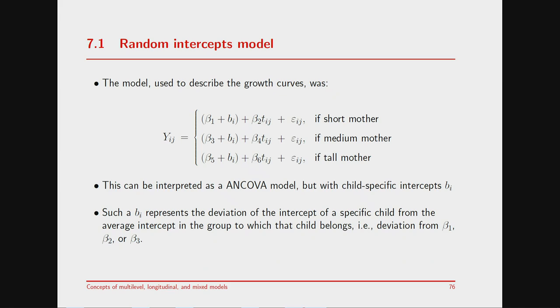And now we say, equally well, we can interpret that model as a linear regression model for each cluster separately, but then that cluster is allowed to have its own, subject-specific or cluster-specific intercept. This model is called a random intercepts model, because these intercepts, beta 1 plus bi, are random, because the bi are random.